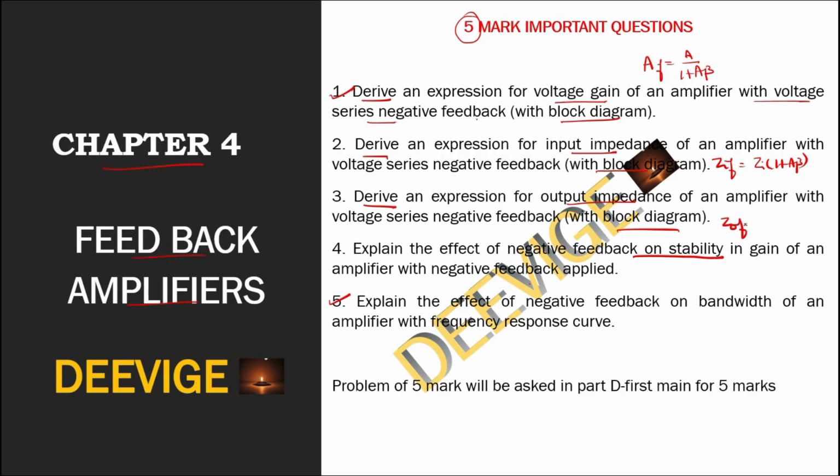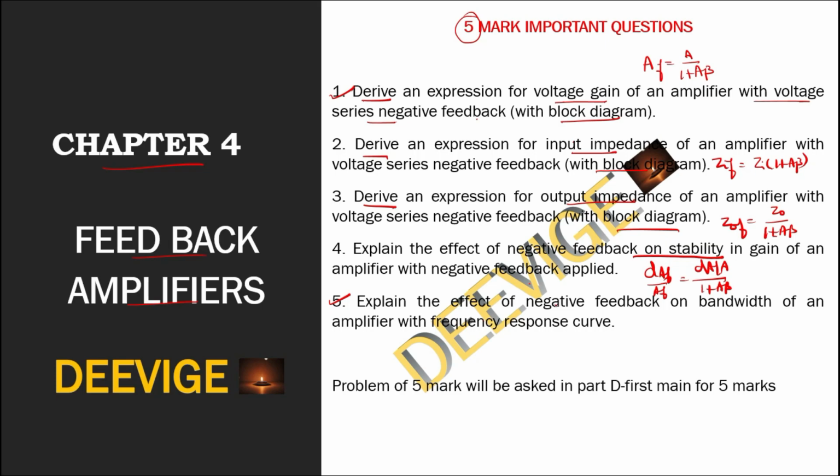Output impedance ZOF is equal to ZO by 1 plus A beta. These are the derivations you should do. Then this is stability, that is dAF by AF is equal to dA by A by 1 plus A beta. This derivation you should do.